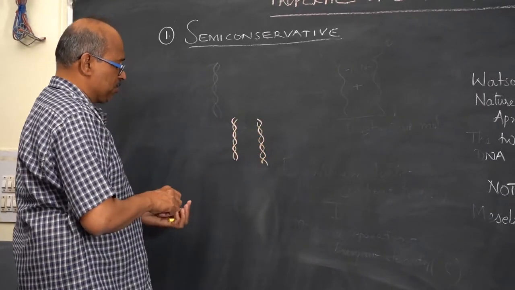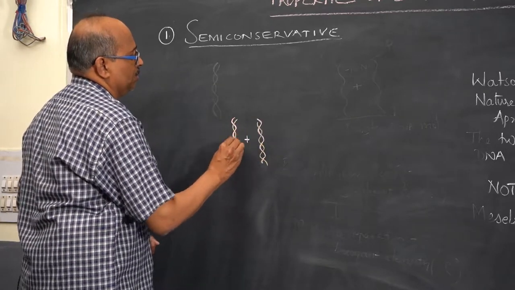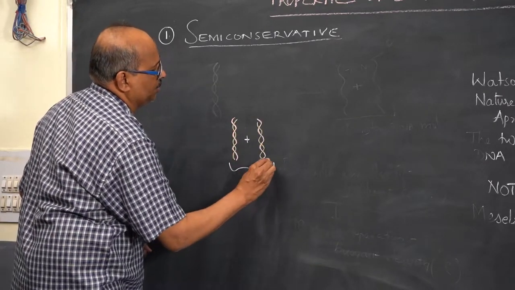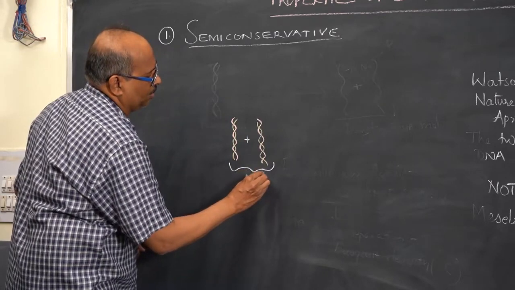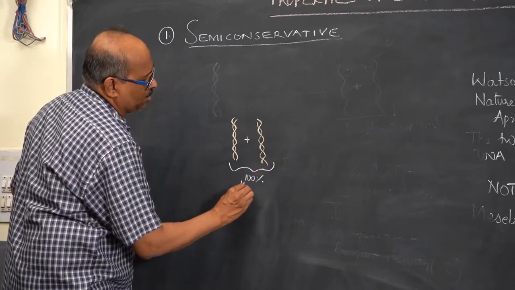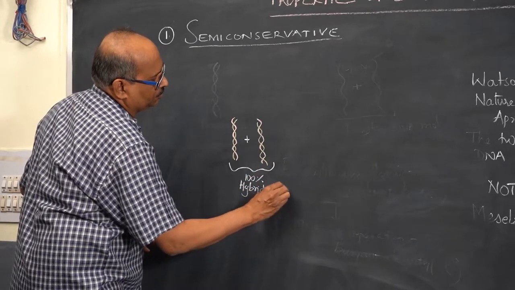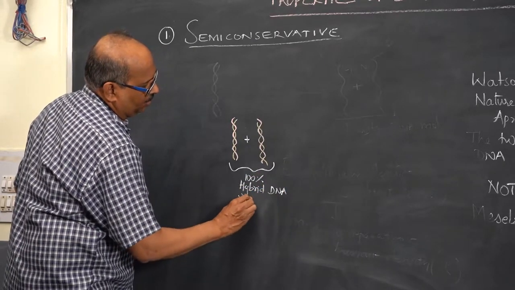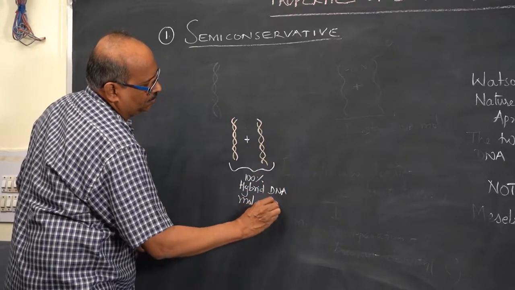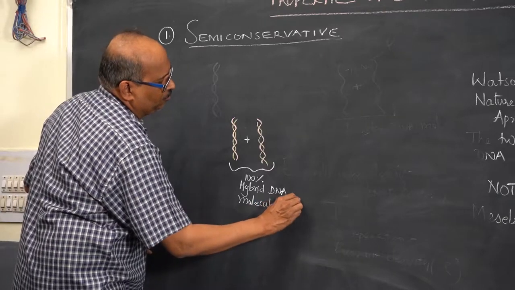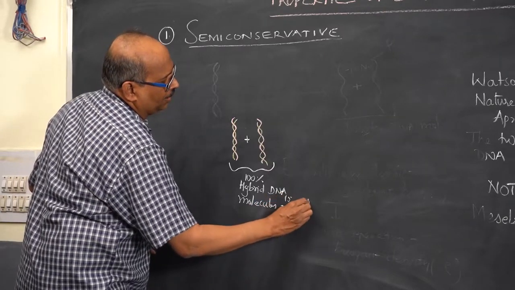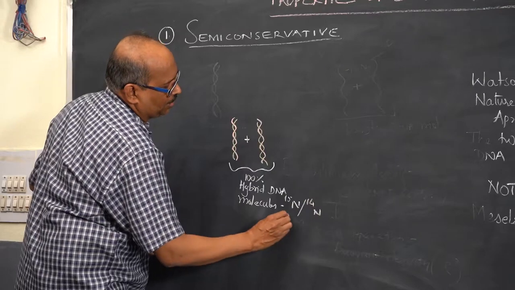So that is after the first generation, 100% hybrid DNA molecules having N15 and N14 strands.